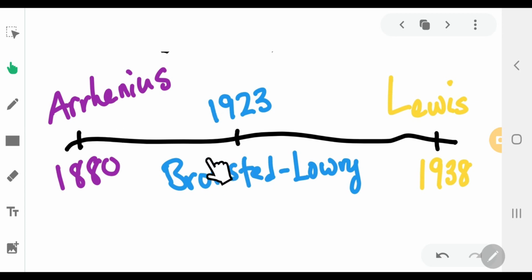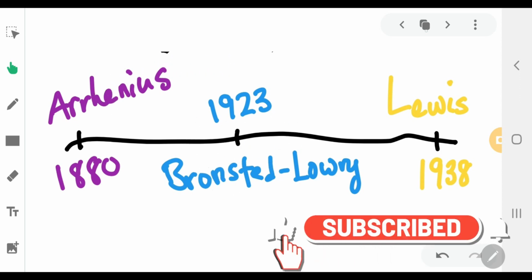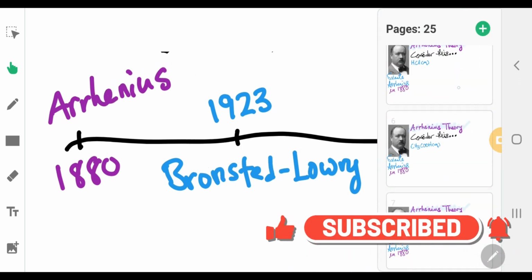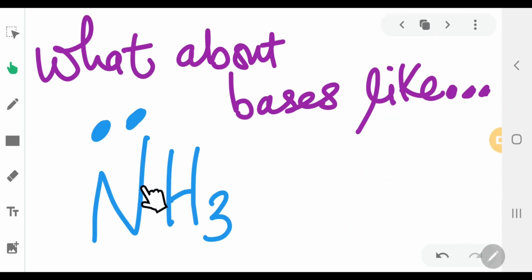The Bronsted-Lowry theory does not try to cancel out Arrhenius, but they wanted to develop a set of new theory because they want to complement what we already have in Arrhenius theory. Okay, so according to Bronsted-Lowry, species like this are also bases due to a few things.